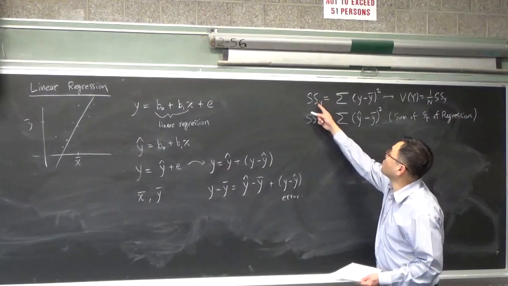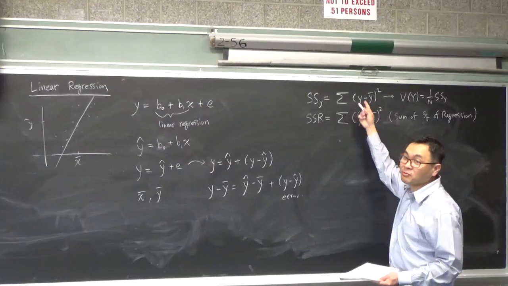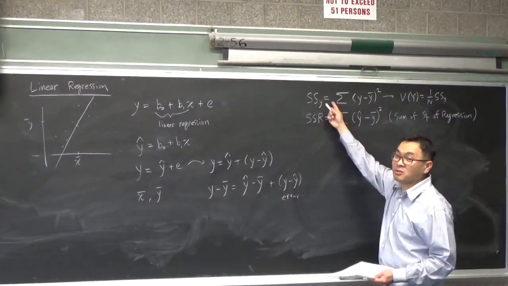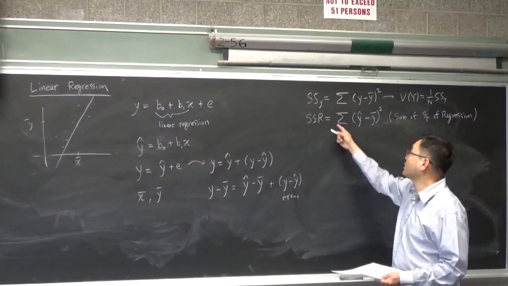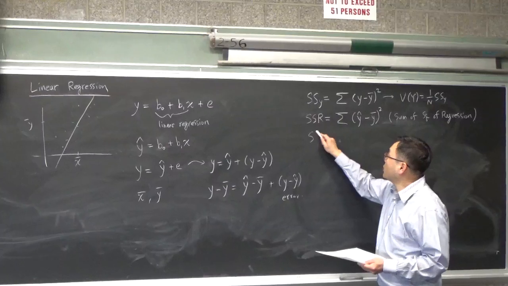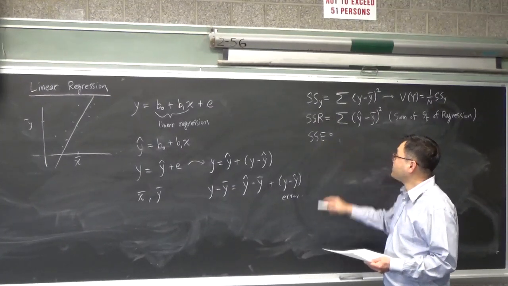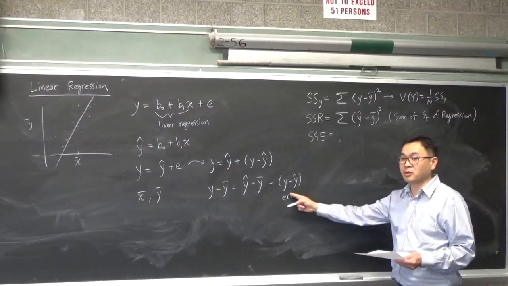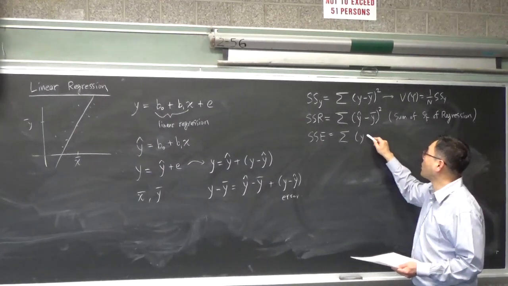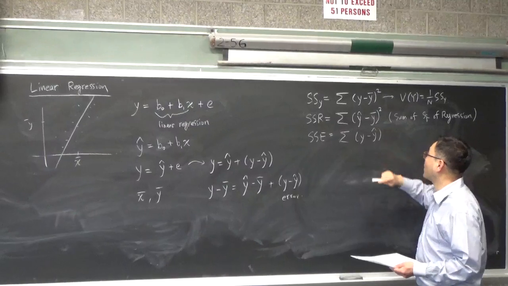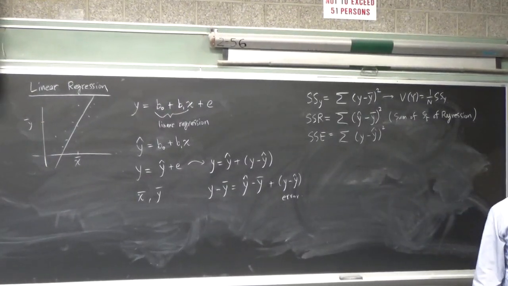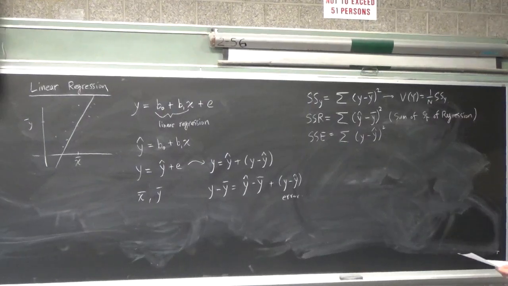So this is sum of squares of y. It measures how far y is from the average, except that you didn't take the average. Same thing, you didn't take the average. And then sum of squares of the error, which we called right here, this error, is the difference between y and the predicted y. Okay?